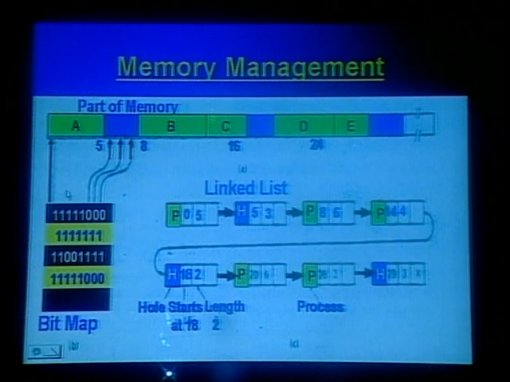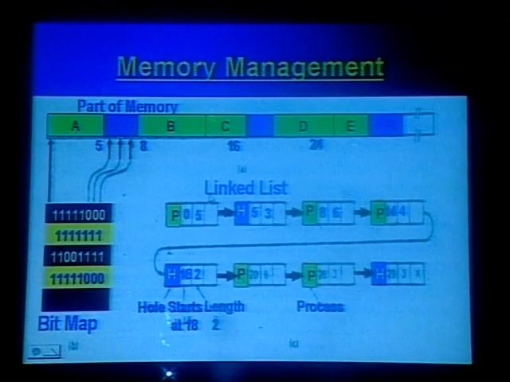This is the way we keep track of the memory utilization with the help of bitmaps. The used allocation units are represented by 1, the unused or empty holes are represented by zeros.